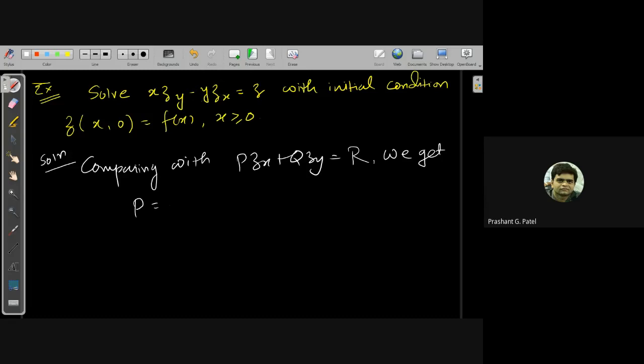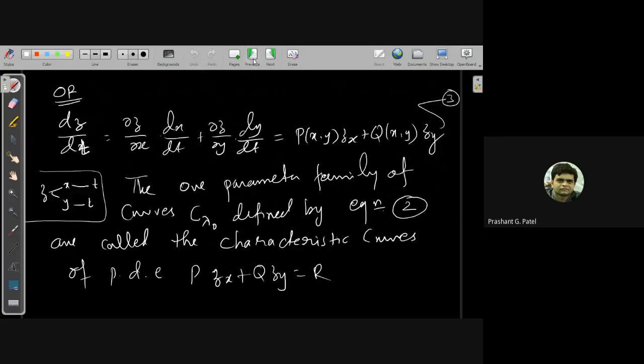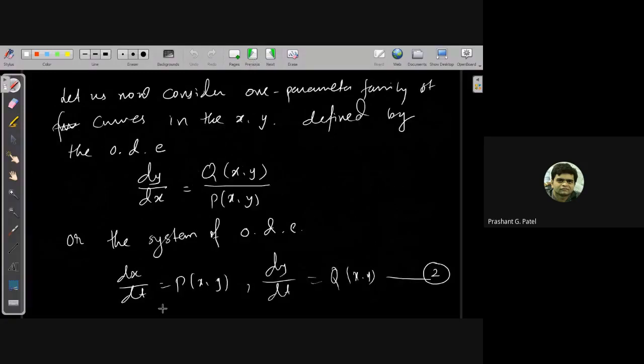The value of q is x, and r is z. So now we need to define a characteristic curve as per our theory. That is, either you can take this dy by dx is equal to q by p. Any one of them you can take, and you can proceed for this example.